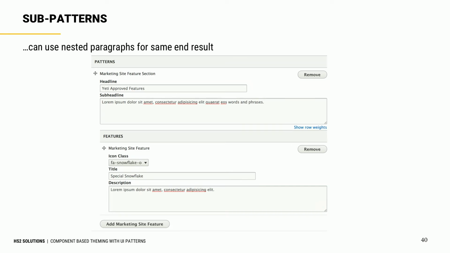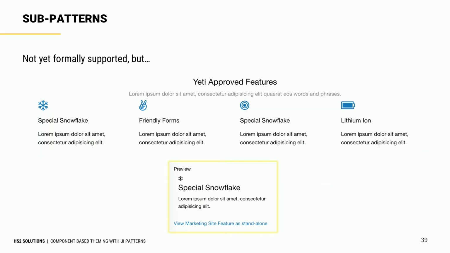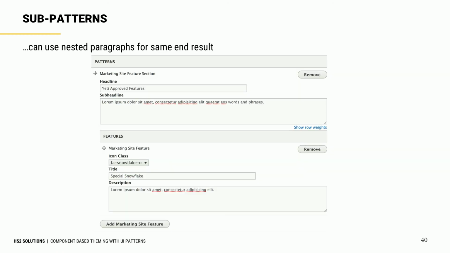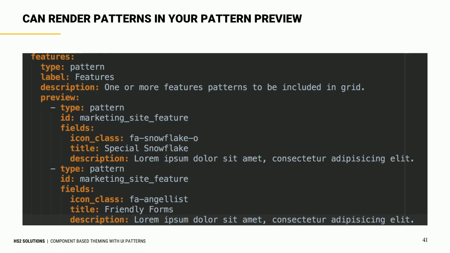It has a paragraph that has the two fields that are specific to the overall container, and then it has another paragraph nested inside of it. So you can have one or more of those features, and specify the icon class and the data there, and then it will end up being rendered as the overall component, as long as you define the pattern at each level. So that can get you quite a bit of the way there if you do use paragraphs.